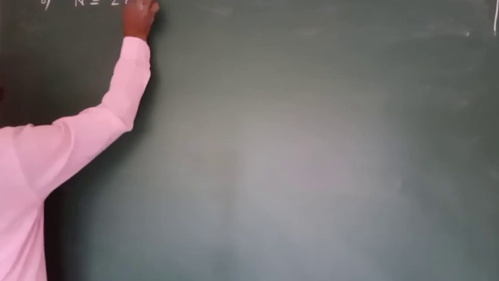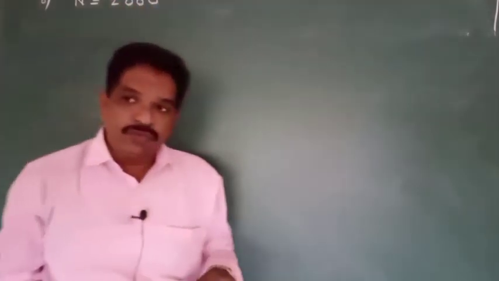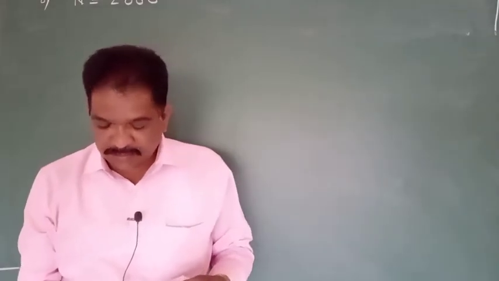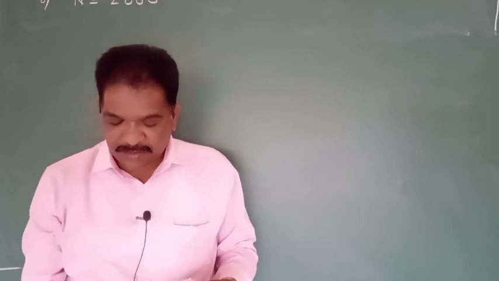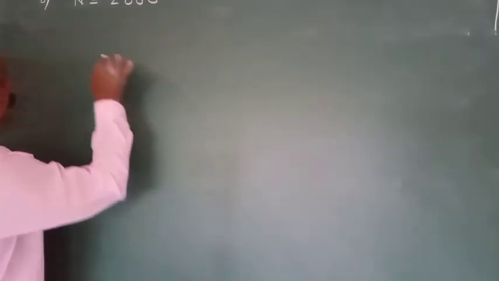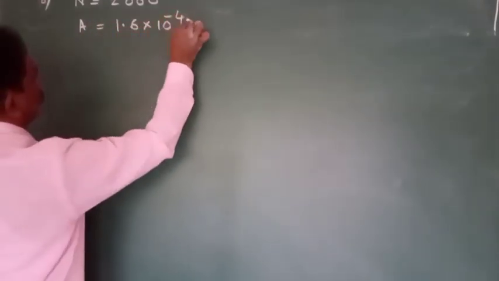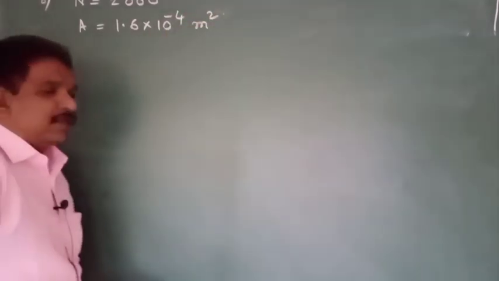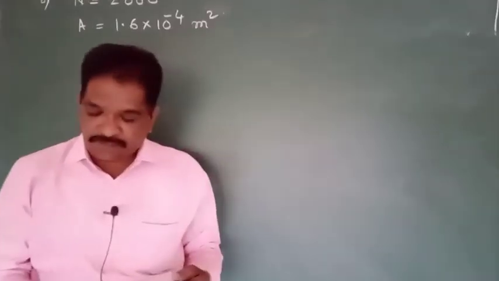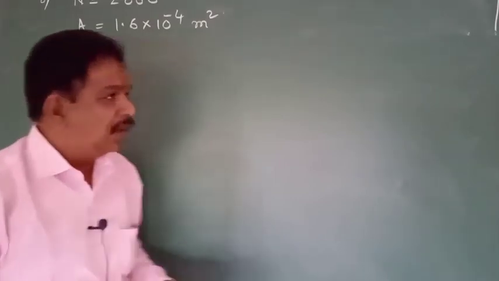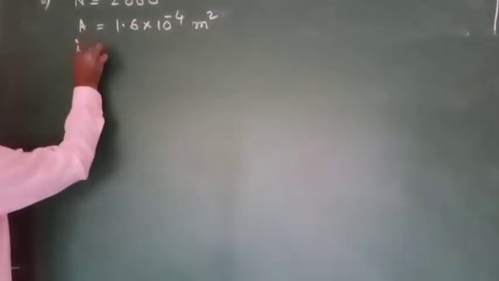A solenoid is there. Number of turns in that solenoid will be 2000. And area of cross section 1.6 into 10 power minus 4 meter square. That is the area of cross section. Okay. Carrying a current of 4 amperes. It is carrying a current of 4 ampere.